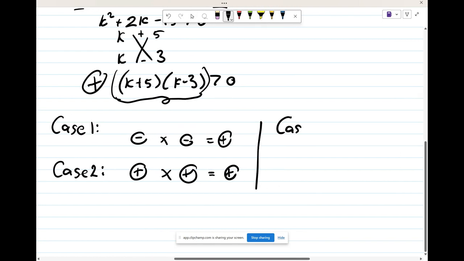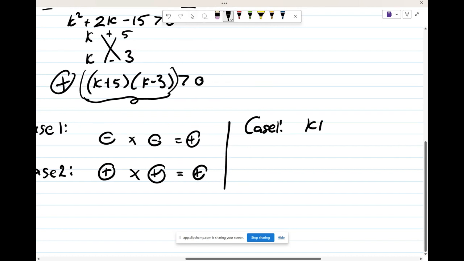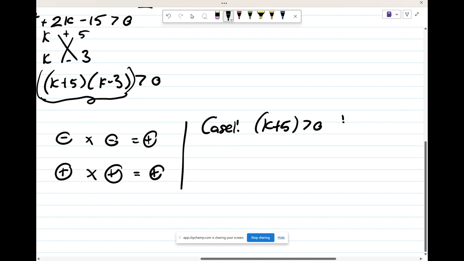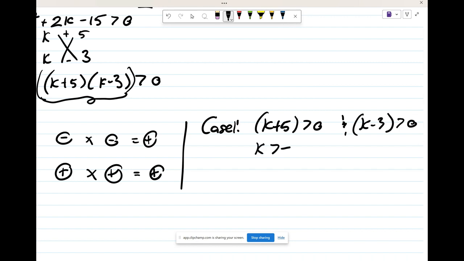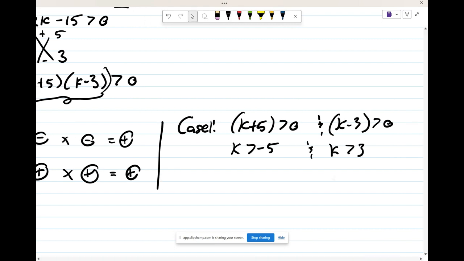So let's just rewrite this. Case 1, they're both positive. So k + 5 > 0 and k - 3 > 0. That means k is greater than -5, and at the same time, k is greater than 3.